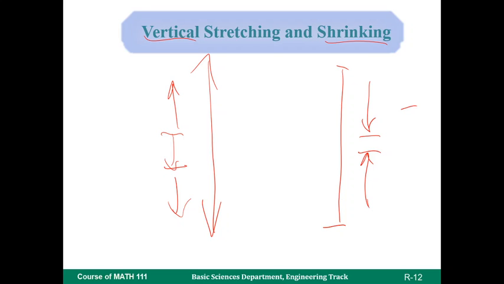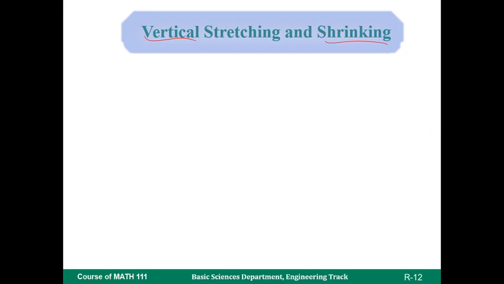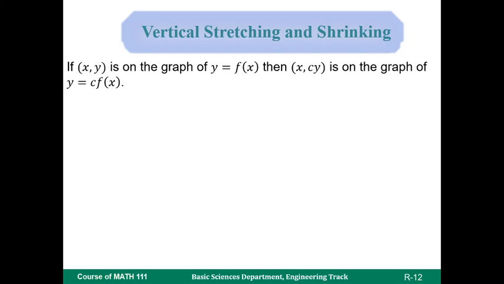This is called shrinking, and this is called stretching. You make it longer, it's stretching; you make it shorter, it's shrinking. Now what we'll see in the functions graph, we do it sometimes.